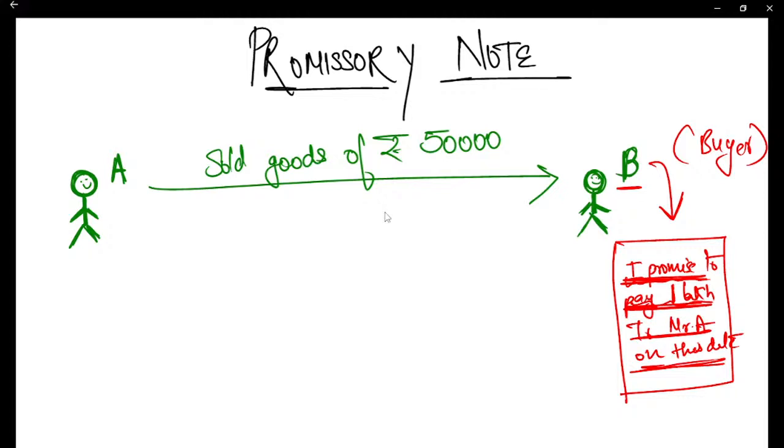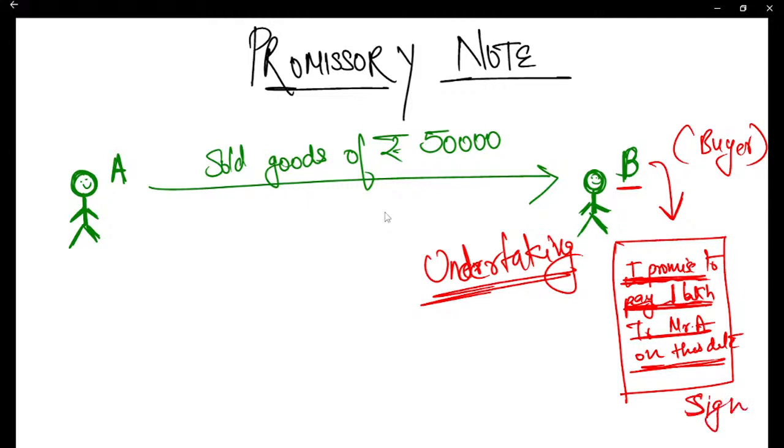This is an undertaking that is taken by Mr. B. Mr. B undertakes that I promise Mr. A, I will pay you the money after this month, after 2 months, after 3 months. And B will sign it. The maker is B.